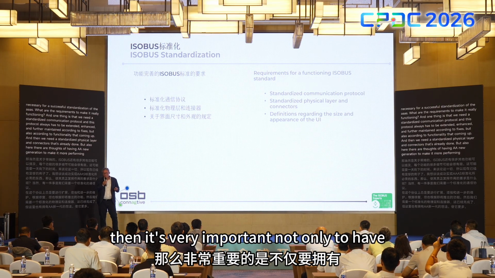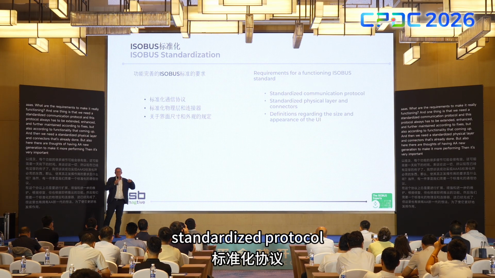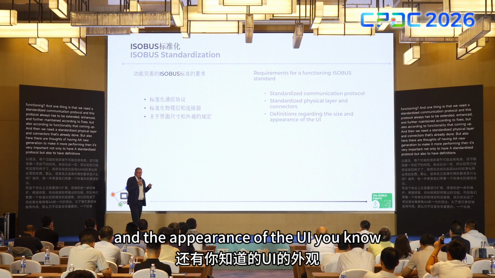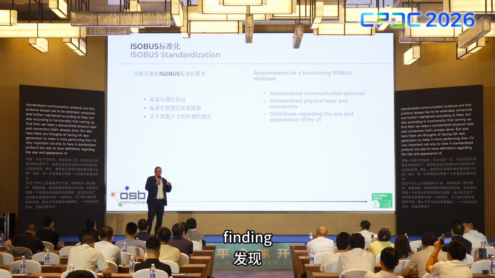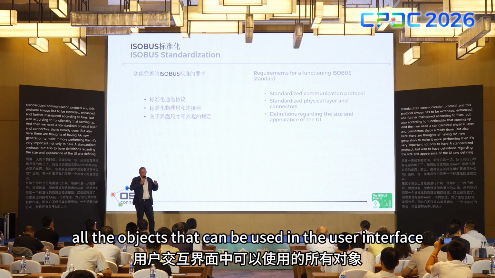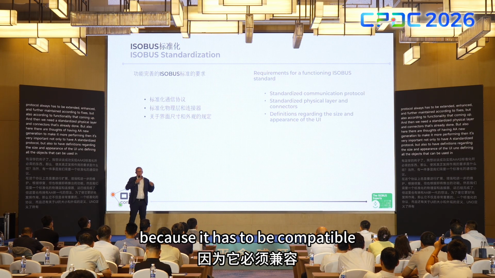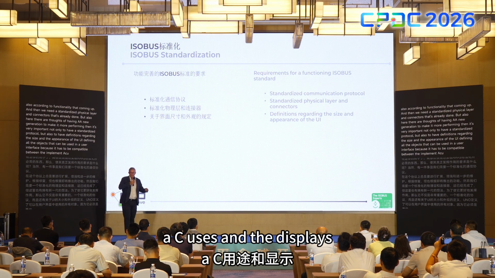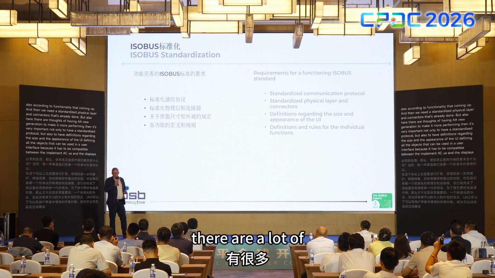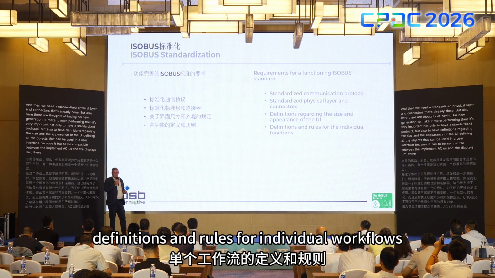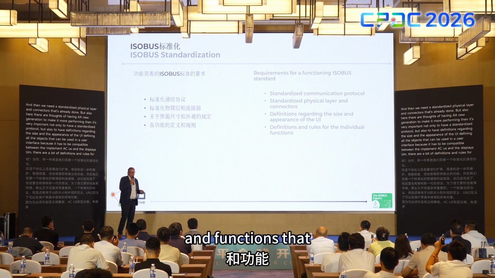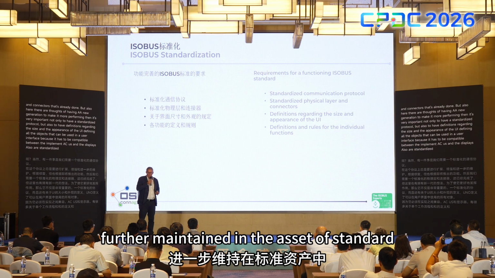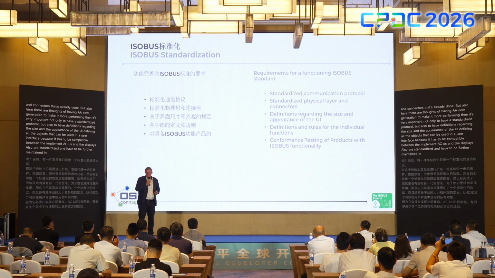Then it's very important not only to have a standardized protocol, but also to have definitions regarding the size and the appearance of the UI, defining all the objects that can be used in the user interface, because it has to be compatible between the implement ECUs and the displays. There are a lot of definitions and rules for individual workflows and functions that are also standardized and have to be further maintained in the ISOBUS standard.